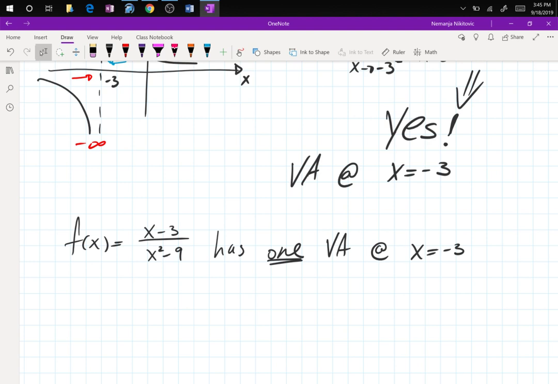x minus 3 divided by x squared minus 9. You already see 0 to 5. You see there is no vertical asymptote at 3, right? There is a vertical asymptote at negative 3. That's negative 1, negative 2, negative 3 for the vertical asymptote, negative 4, negative 5.